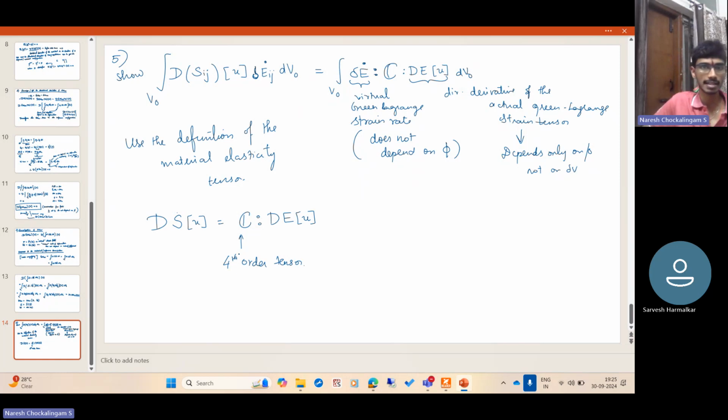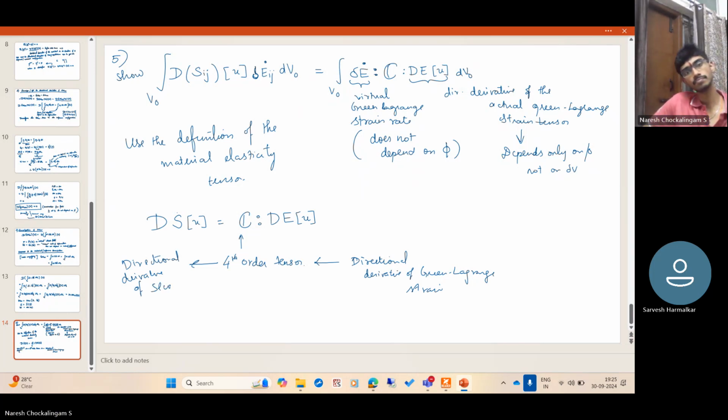This fourth order tensor takes in the directional derivative of the Green-Lagrange strain, and it returns the directional derivative of the second Piola-Kirchhoff stress. So this is the definition of C. So directly plug it into this.